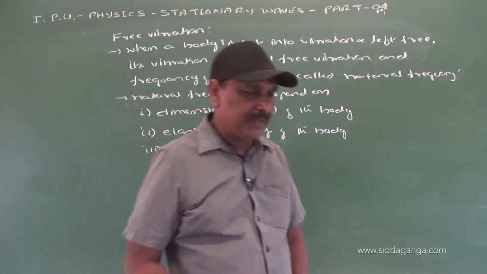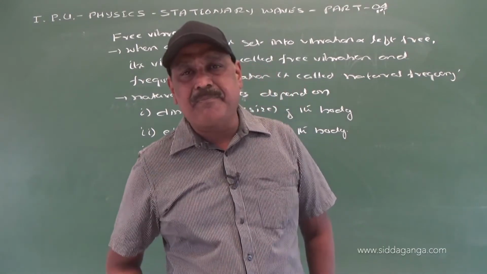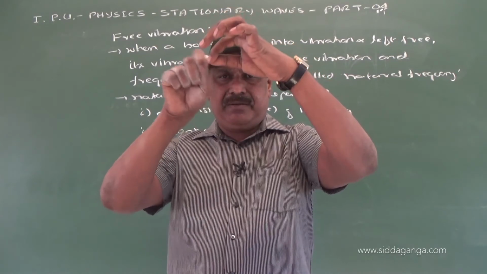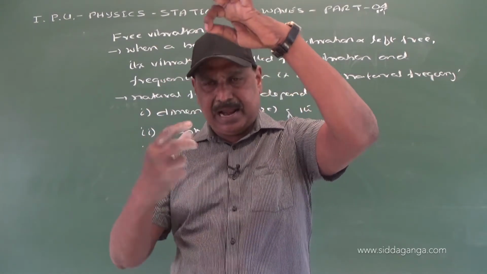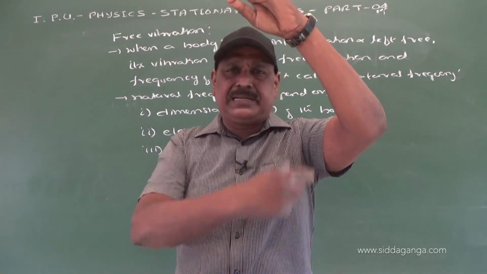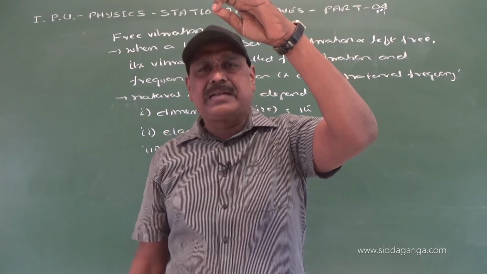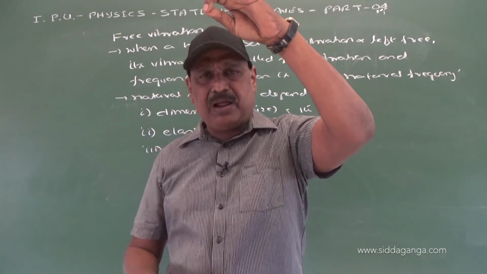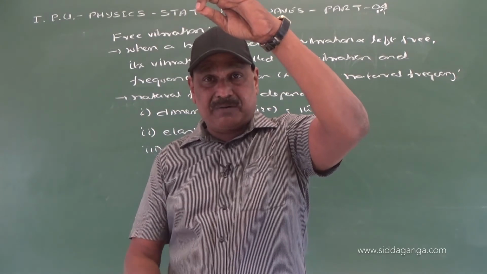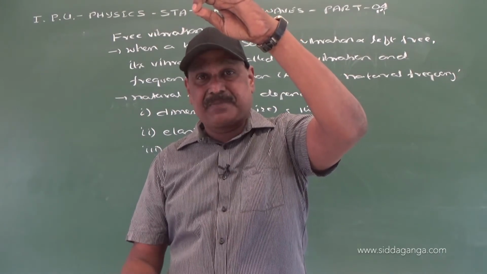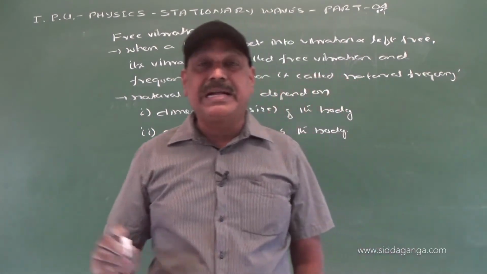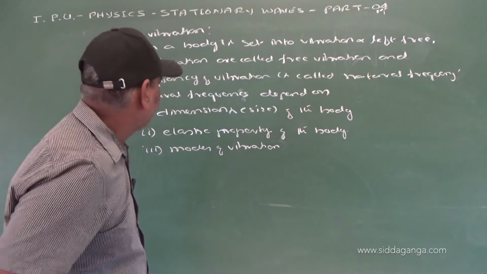For example, when we take a simple pendulum, tie a thread to a nail and tie the other end to a stone or any object, and set it into oscillation, it acts as a simple pendulum. If you leave it free, then the amplitude with passage of time gradually decreases and finally it comes to rest. Such an oscillation is called damped oscillation, right.